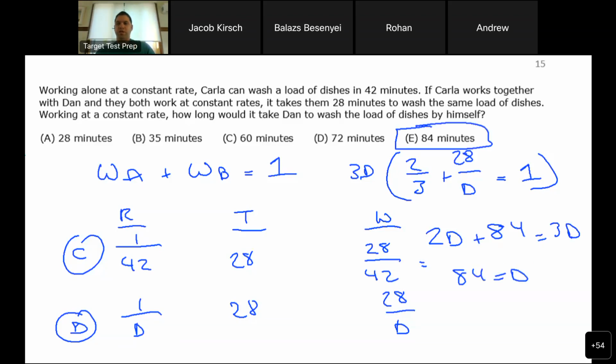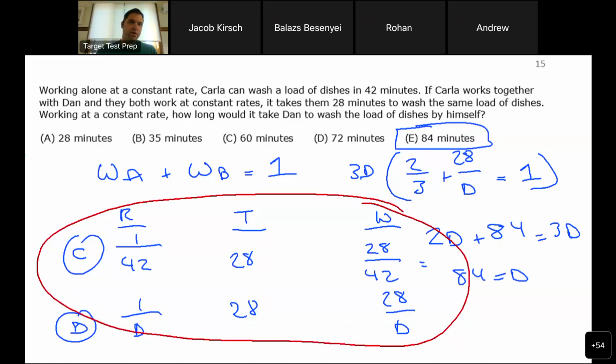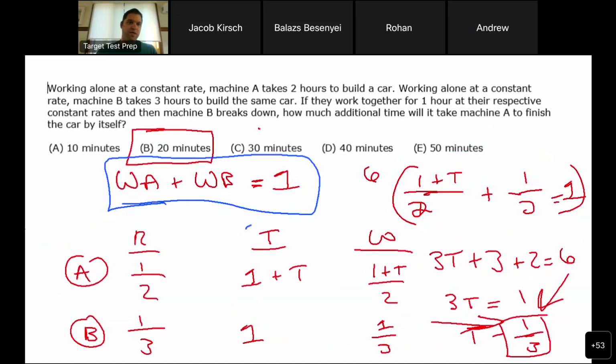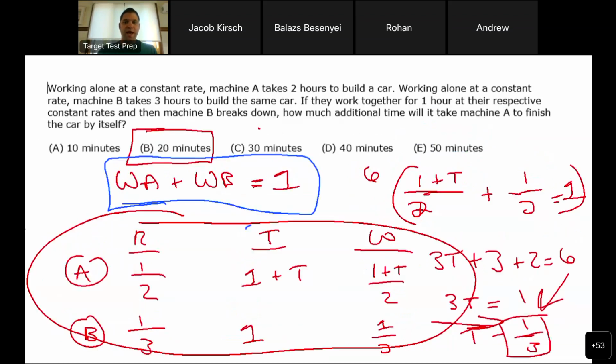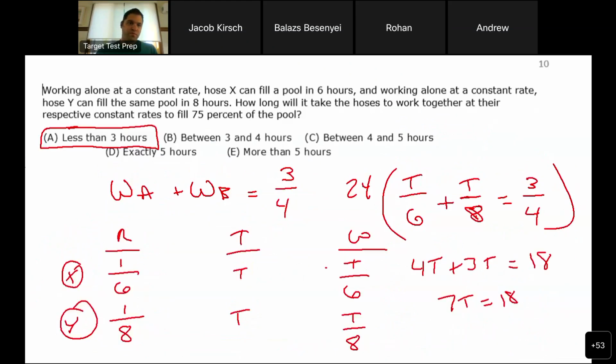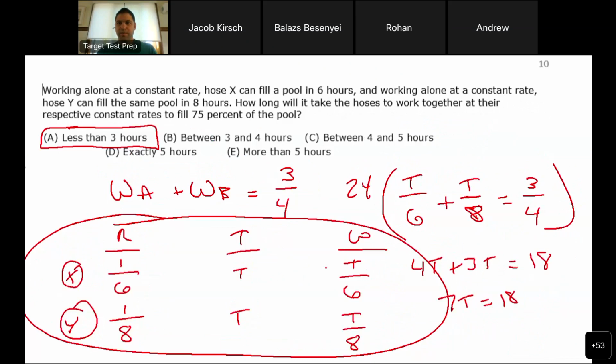Now, my question to everybody here, minus that hiccup, does everyone see how in each problem I kind of did something similar where I just kind of filled in the information we had here, plugged into the combined work formula. Likewise here, filled in the information I had, plugged into the combined work formula. Filled in here, plugged into the combined work formula.